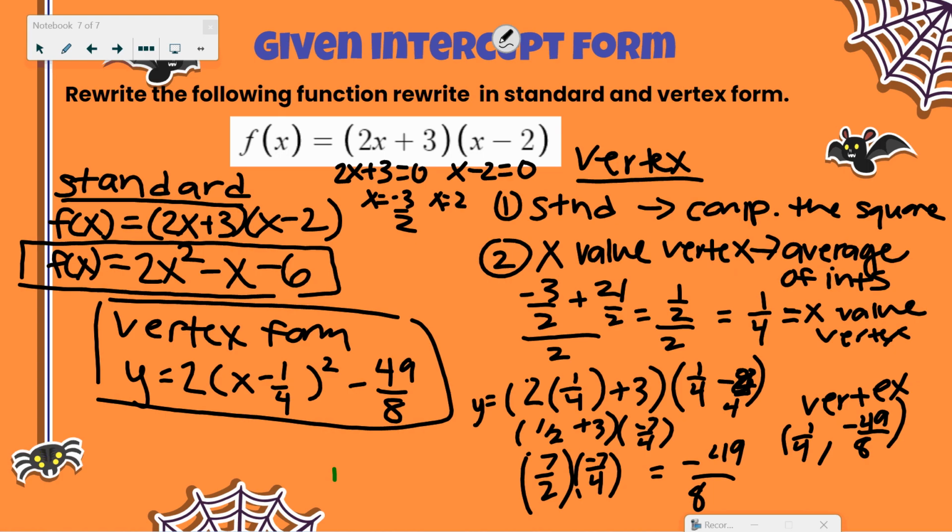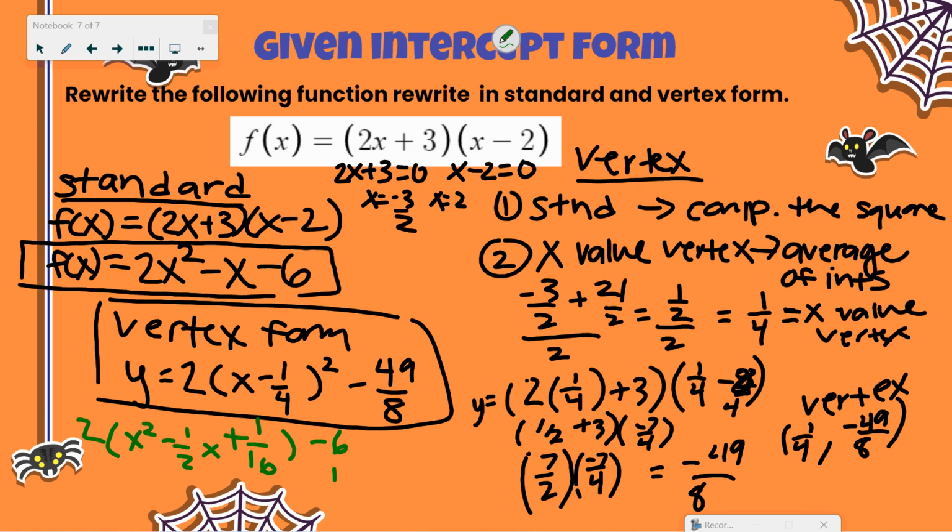If completing the square was something that you loved, you could have definitely completed the square here, right? You would have factored out that 2, and then you would have had x squared minus 1/2 x, kicked the minus 6 to the curb, and then see how you would have gotten there from here. You would have had to take half of a half, which I know is 1/4. And then I would square minus 1/4, which would mean I would add 1/16 here.